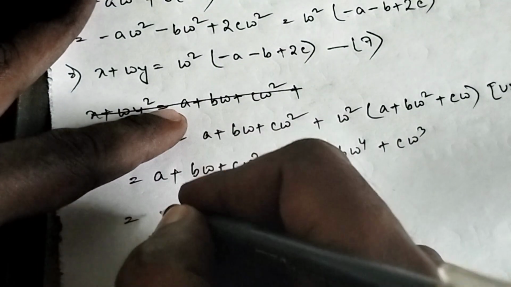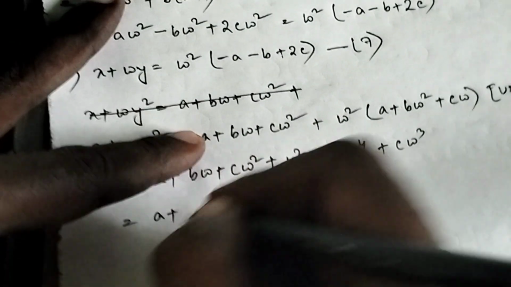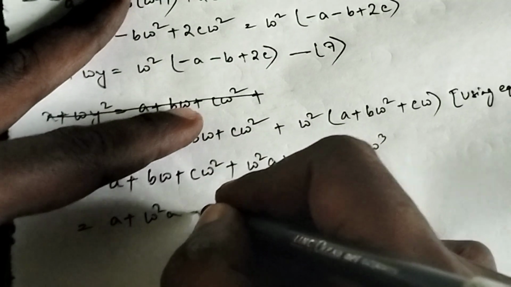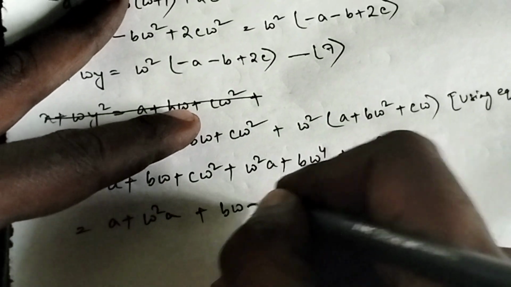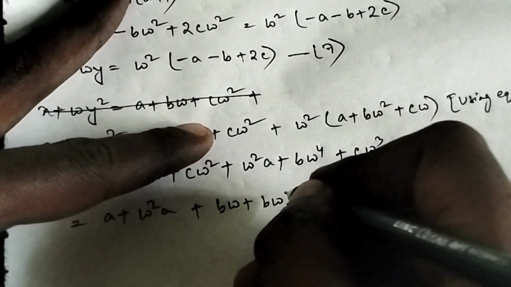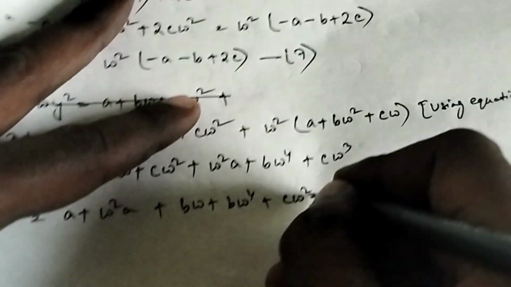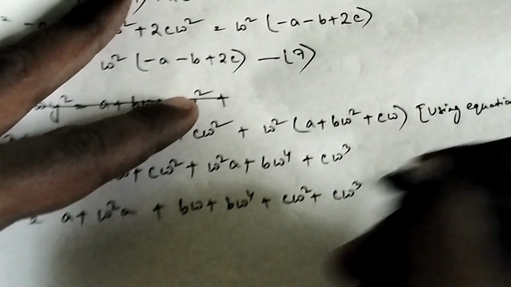So now you see, write all this side by side: a plus b omega square, plus b omega to the power 4, plus c omega square plus c omega cube.